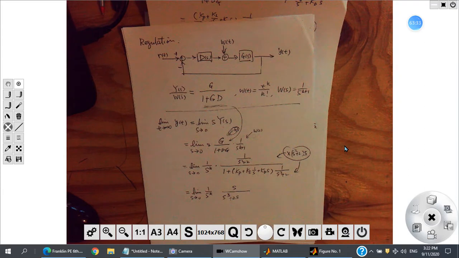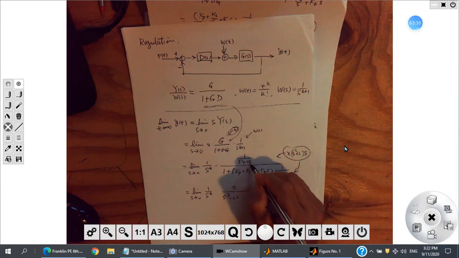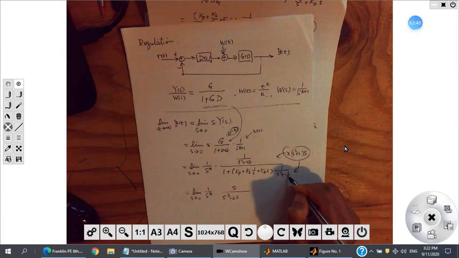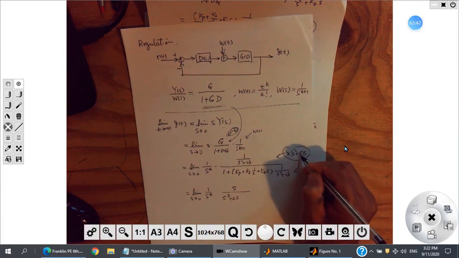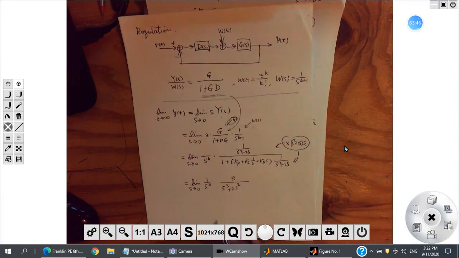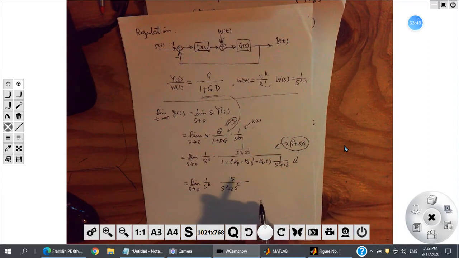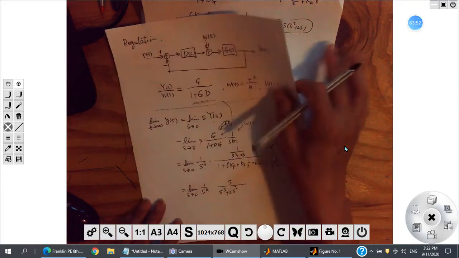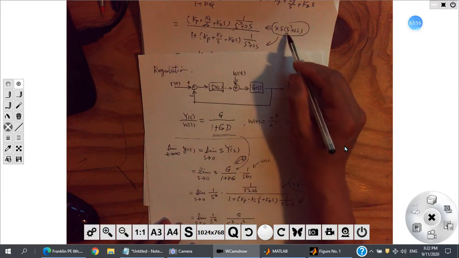I guess something is wrong. Oh, I lost the S here. Sorry, here will be 2S squared. Let me see, G of S. Yes, S squared plus 2S.